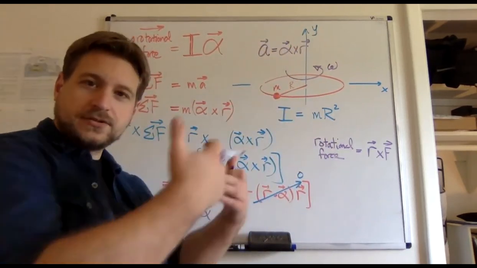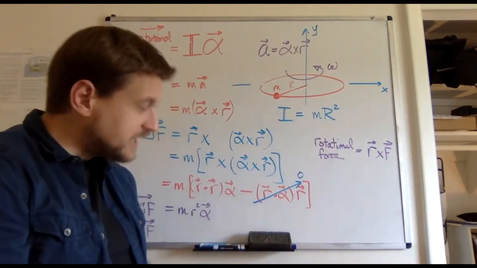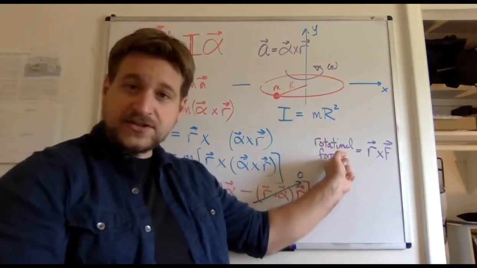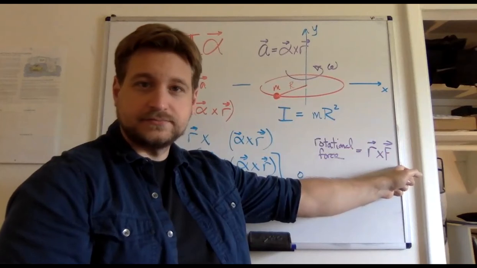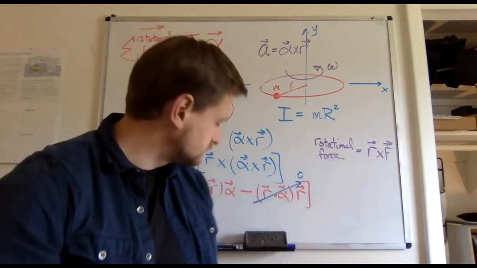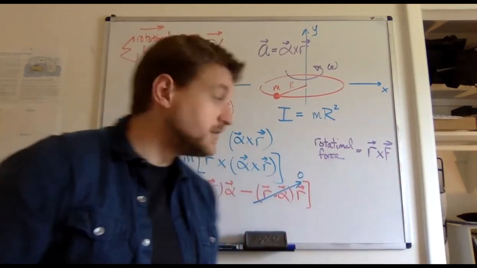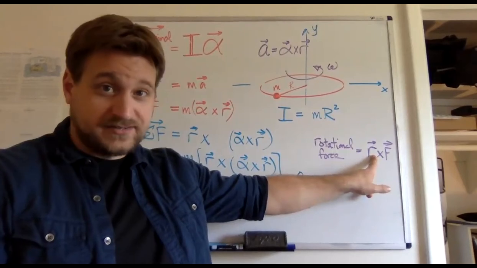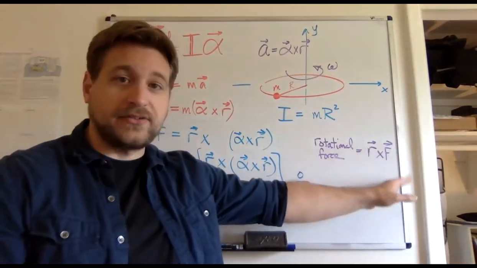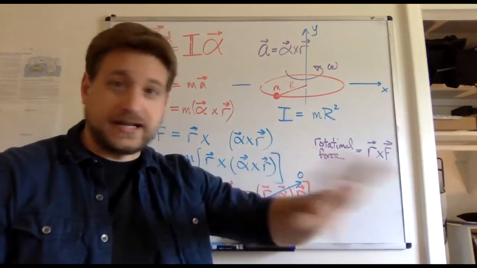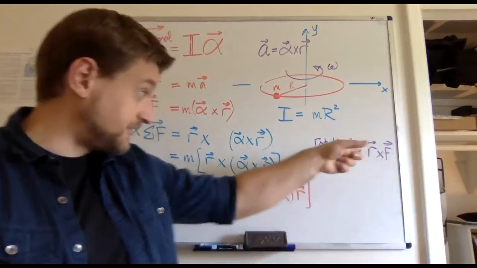So it's rotational cross R. If we're trying to get to rotational, then it's R cross linear. That's how I remember which comes first, because it matters. The cross product is anti-commutative. It matters whether we write R cross F or F cross R, and I don't want to write F cross R because it should be this.